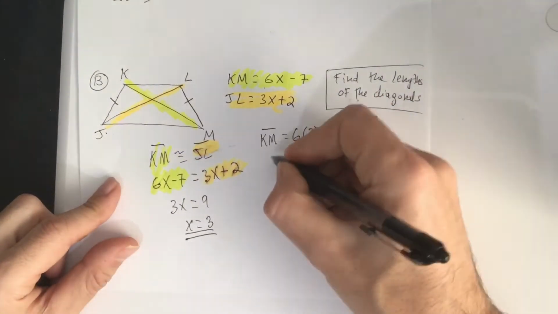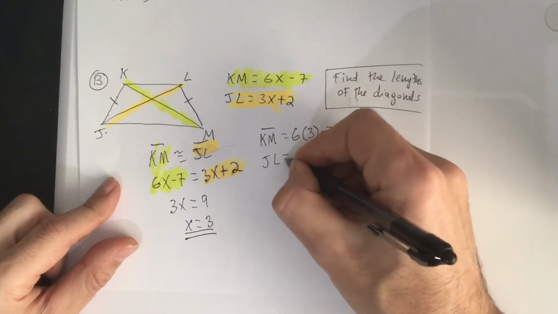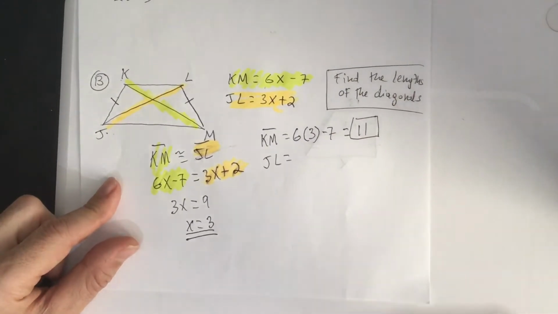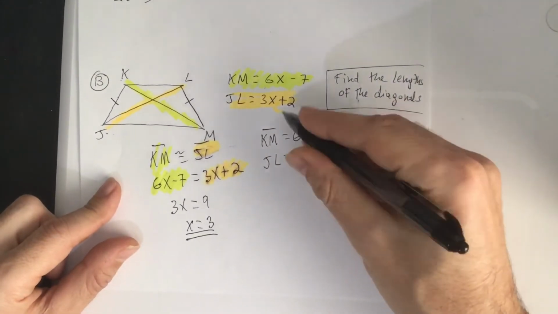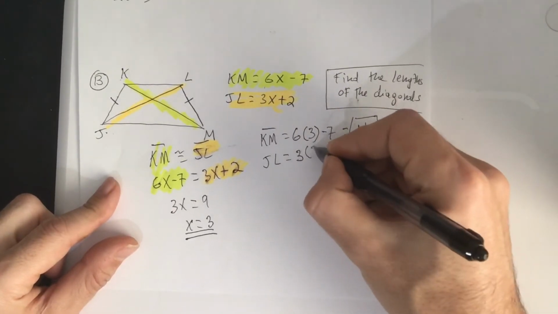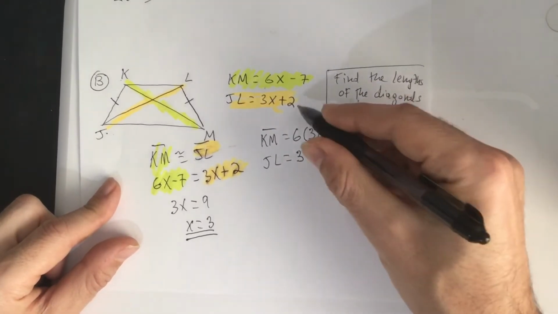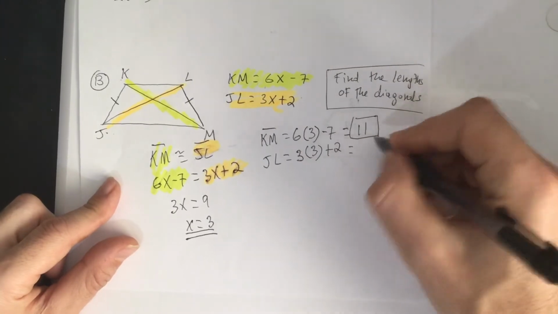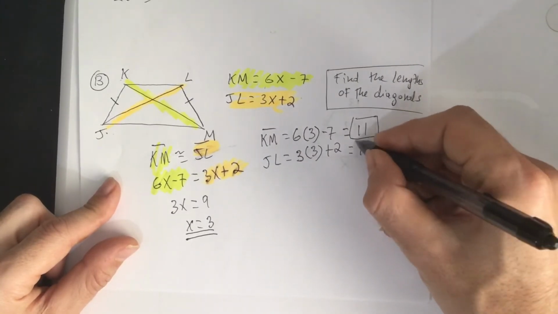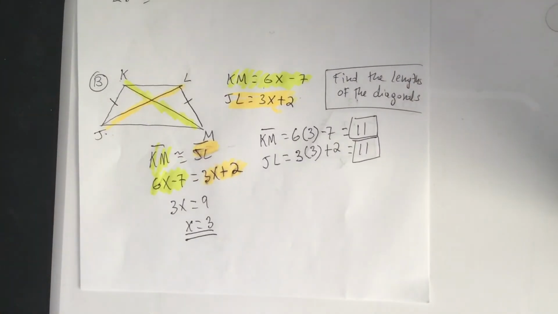And then JL has to be the same thing, has to be also 11 because they're equal to each other, but you can check your answer by doing the same thing. 3 times x, x is 3, plus 2, I'm using this, right? That's going to be equal to 9 plus 2, which is 11. All right.